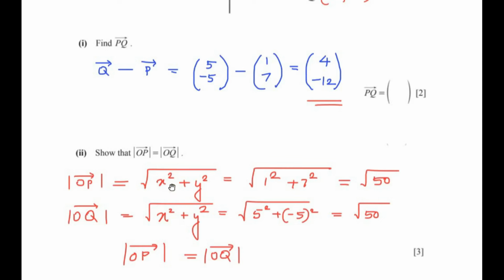Now using the same formula for the magnitude of the vector, we have found out the magnitude of vector OQ. So square root of its x coordinate was 5, so 5 square, plus its y coordinate was negative 5, so negative 5 square. This will again give us the value as square root of 50. You can see their values are same. So now we have proved that magnitude of OP is equal to the magnitude of OQ vector.